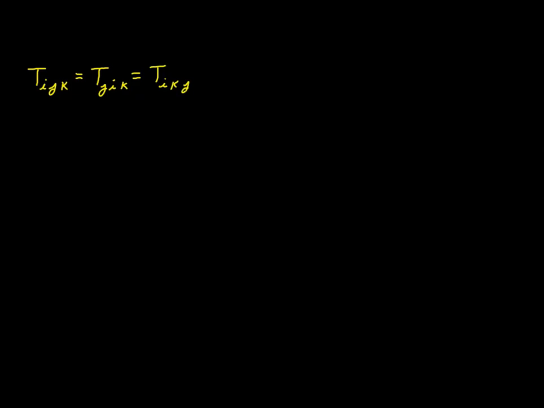All right, well, where does this lead us? Well, let's look at this expression. Since we know that we could flip i and j and get the same value, that means we could flip these two indexes and get t_kij. And then we could flip these two indexes because we know it's symmetric with respect to those, and I'd get t_kji. And all of these would be equal to each other.